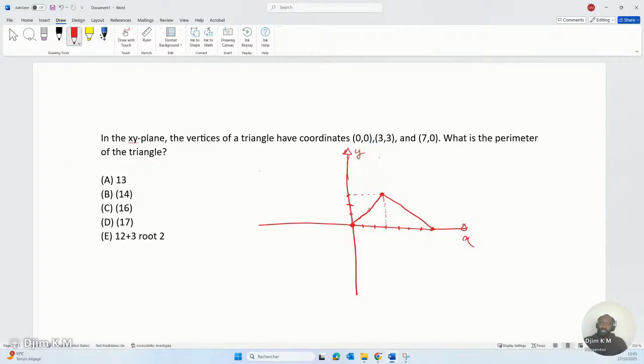So we know that this here is equal to 7, because it says here.